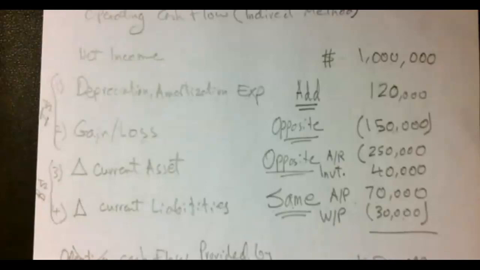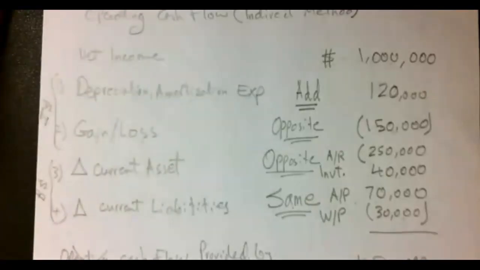Any change in current liabilities, you do the same. That means if your accounts payable has been increased by 70, then you do exactly plus $70,000. Make sense? Let's say you have wages payable. If your wages payable has decreased by $30,000, then you say minus 30. Why is that? I'll tell you an example.